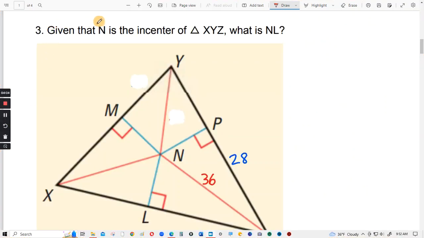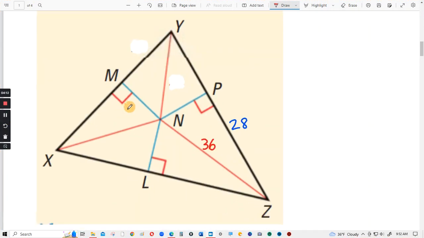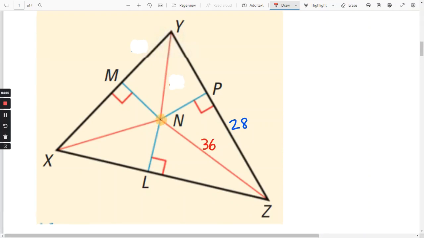Number 3, given that N is the incenter, what is NL? Okay, you want to remember that the incenter is where the angle bisectors meet. So this point right here, these red segments are the angle bisectors and they meet right here. Okay, and the main thing to remember is the distance from the incenter to each side of the triangle is congruent.